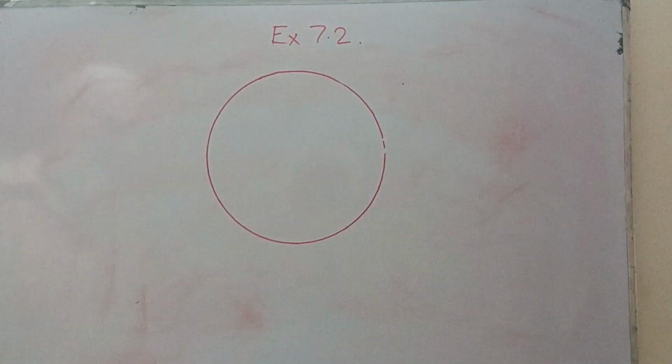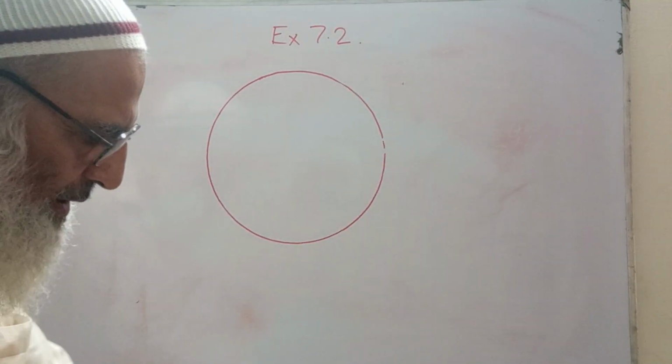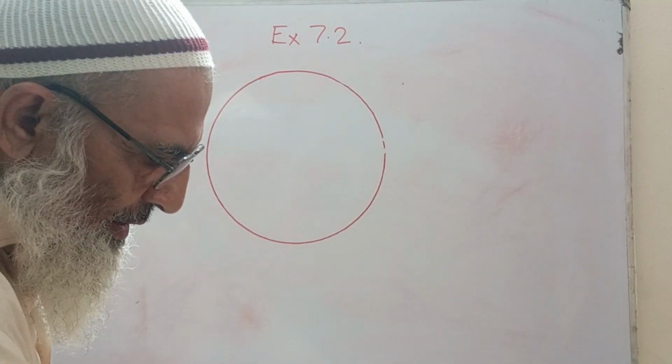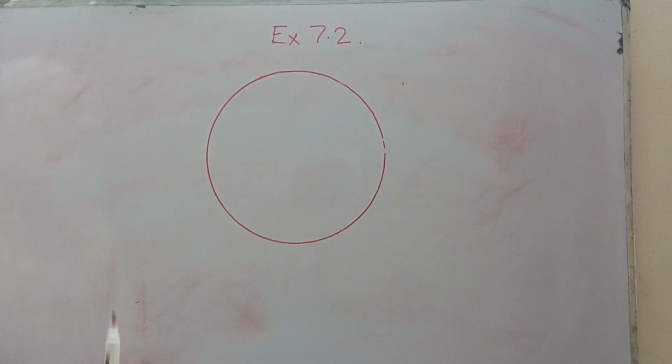Okay, now this is one circle, and we'll be discussing such parts. Now, this outer line is called the circumference of the circle.